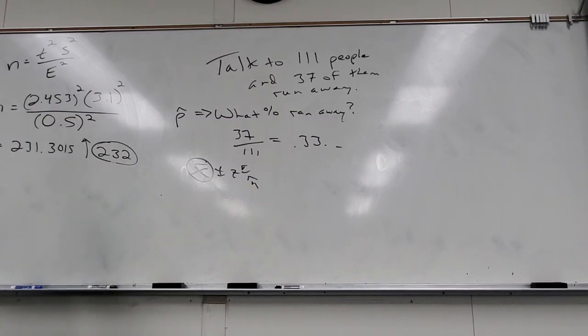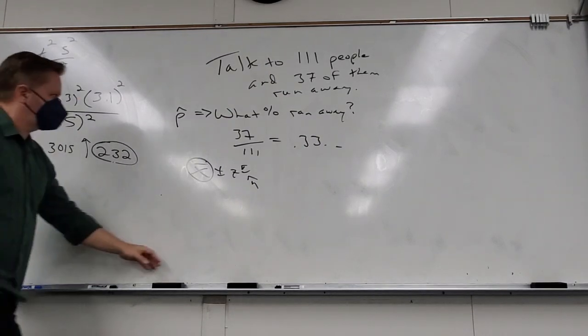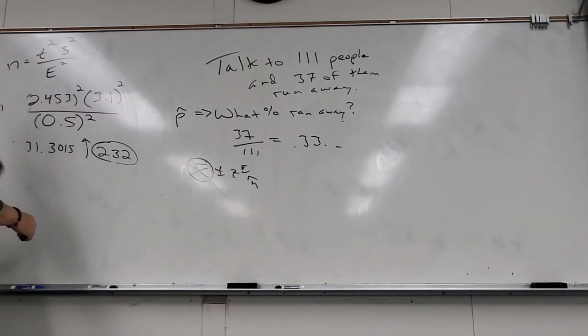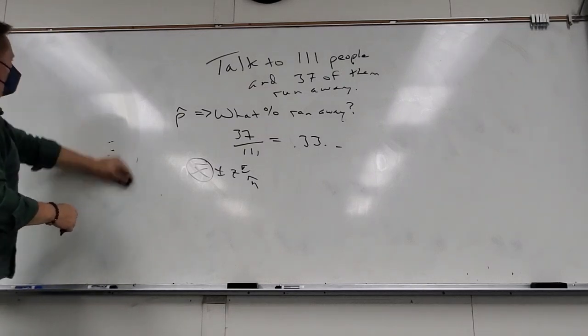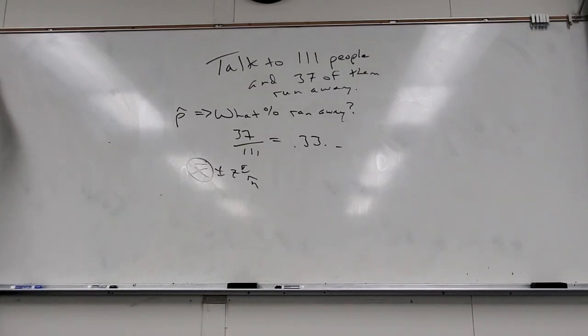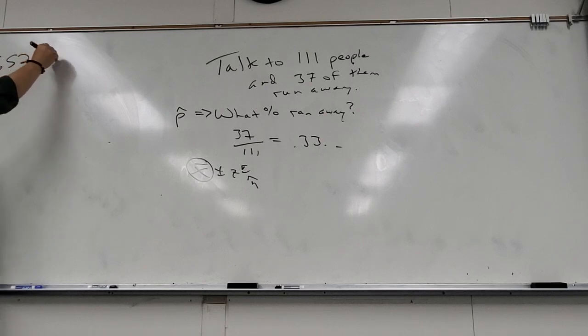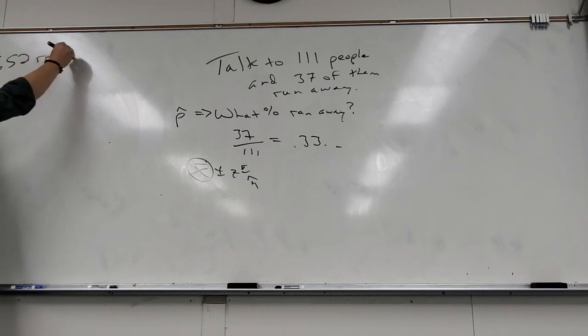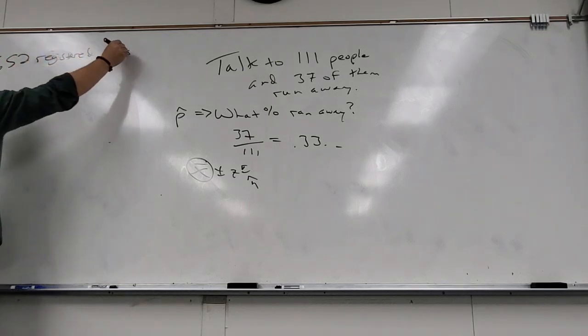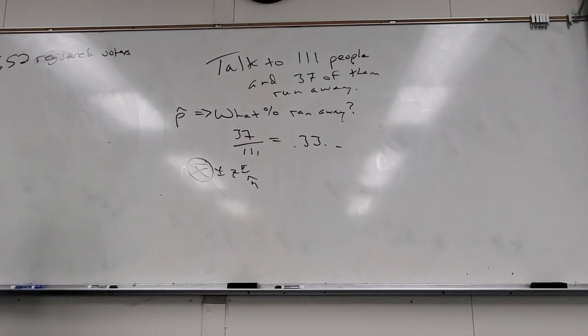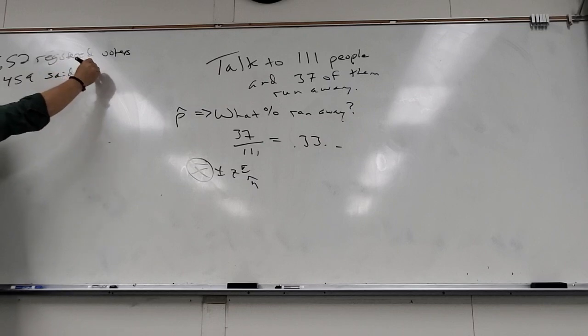All right, so let's look at number 2 on this handout that I just gave out today. Take a minute and figure out what p-hat is for that number 2 problem. 652 registered voters, is that what it was? And 459 says they voted.